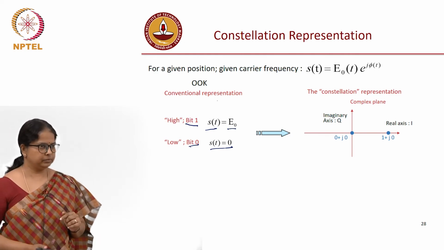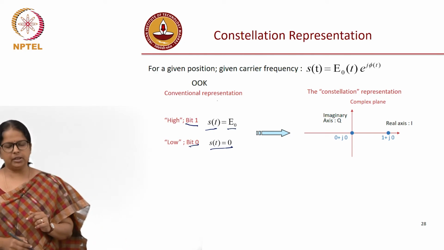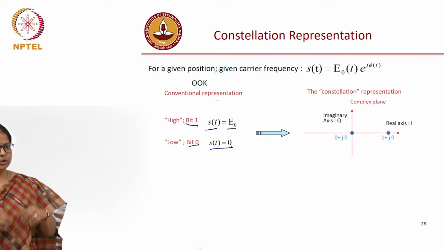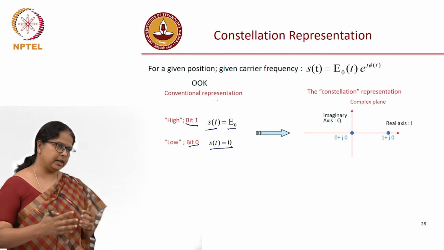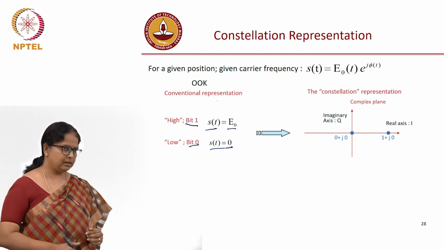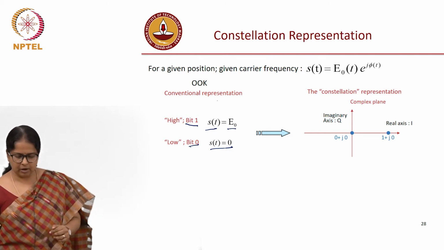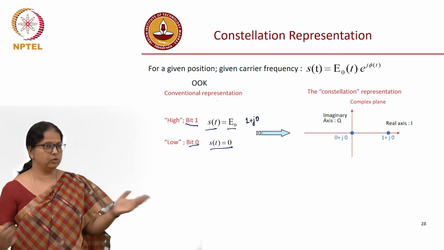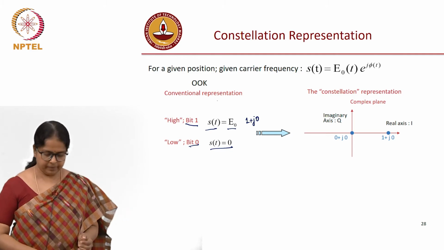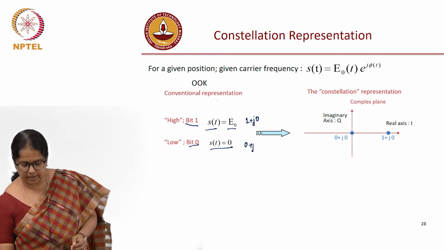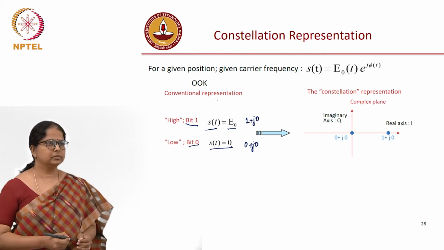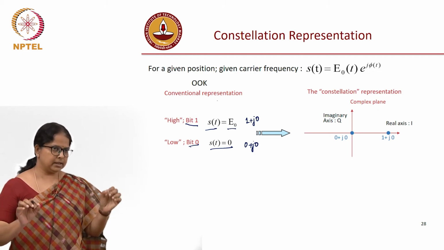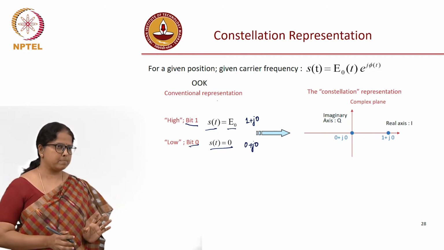What is the constellation representation? Suppose you write this mathematically as a complex number: this is 1 plus j times 0, there is no complex part, and this is 0 plus j times 0. I am just representing my result as a complex number.